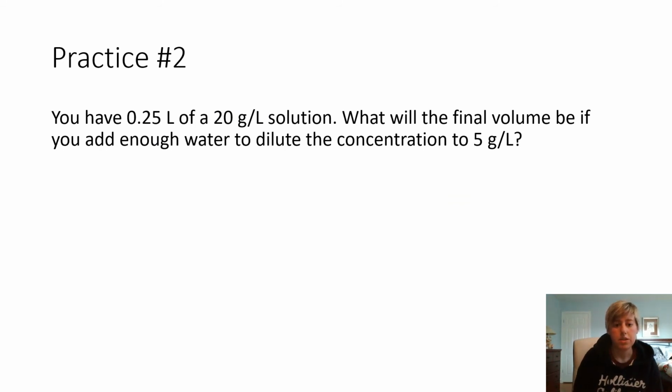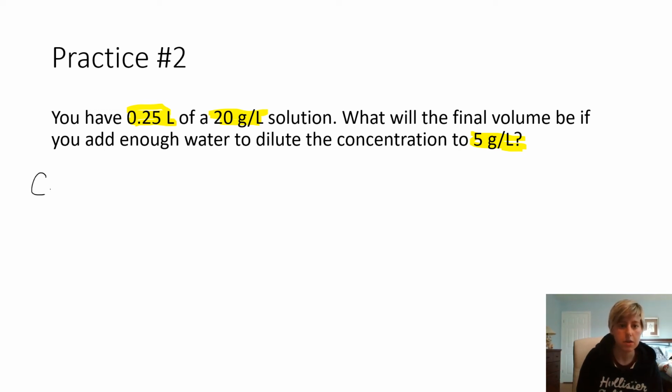Okay, question number 2. You have 0.25 liters of a 20 gram per liter solution. What will the final volume be if you add enough water to dilute the concentration to 5 grams per liter? Okay, so I've highlighted my variables. Now I need to list them.